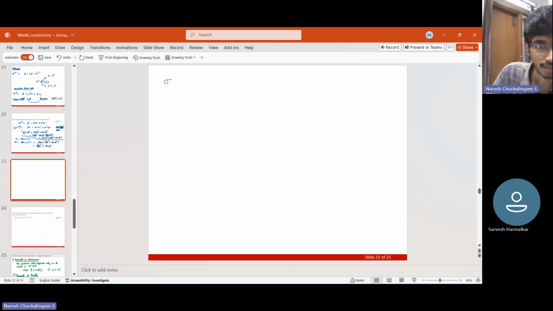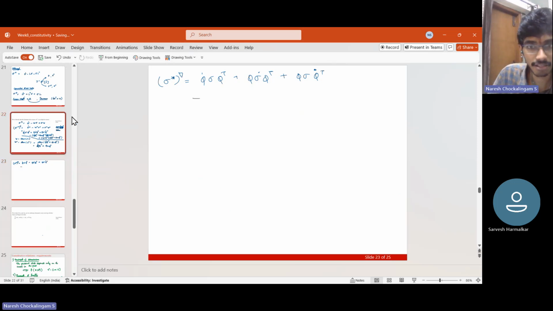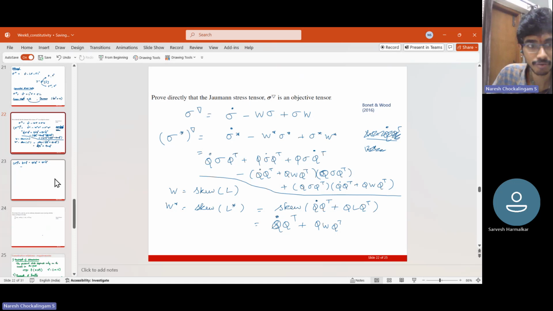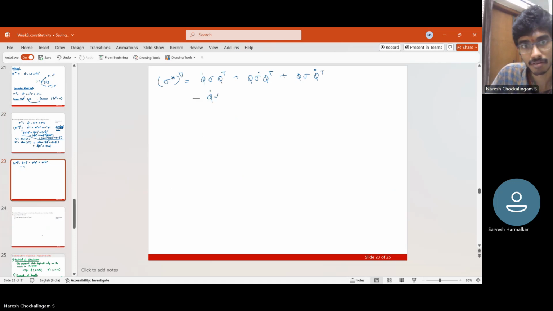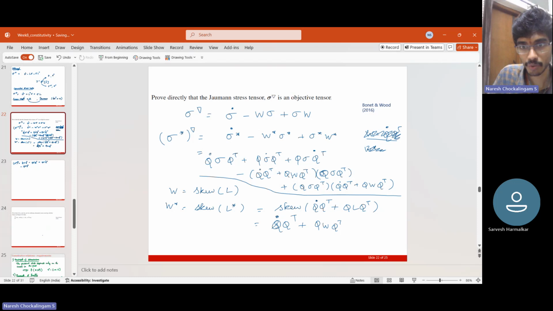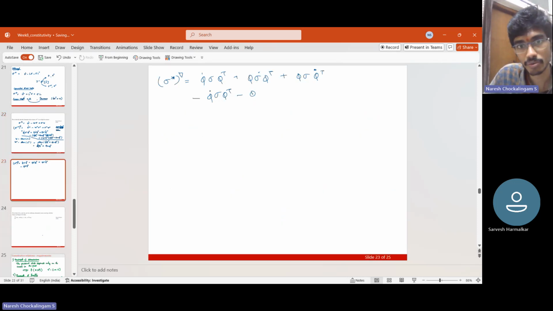The Yaumann rate of sigma star is Q dot sigma Q transpose plus Q sigma dot Q transpose plus Q sigma Q transpose dot, minus, first term, Q dot sigma Q transpose. What is the second term? Second term is Q W sigma Q transpose minus Q W sigma Q transpose.